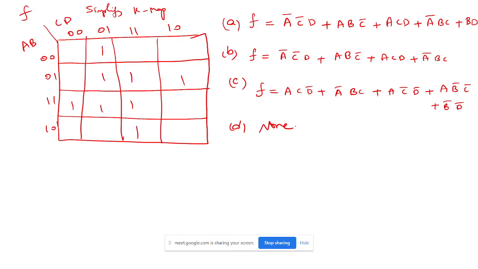First 10 seconds, you quickly check whether the gray code is satisfying or not. If they are there, then go ahead for solving.